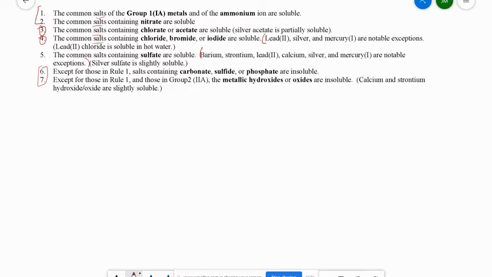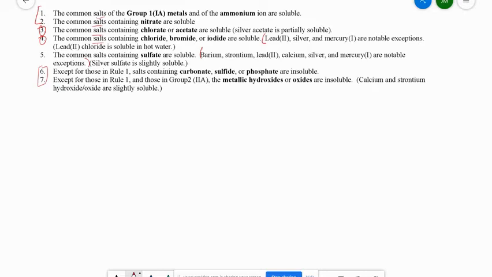But if we had something like, let's say, sodium carbonate, right? A carbonate, it said, would be insoluble, but since it's sodium carbonate, that's from Rule 1, so that means that this would be soluble. This would be an aqueous solution. Okay, same thing with sulfides and phosphates.